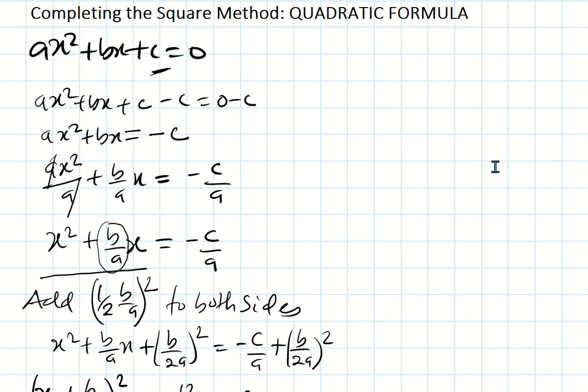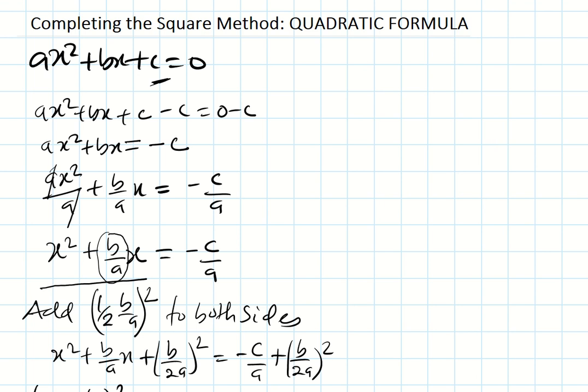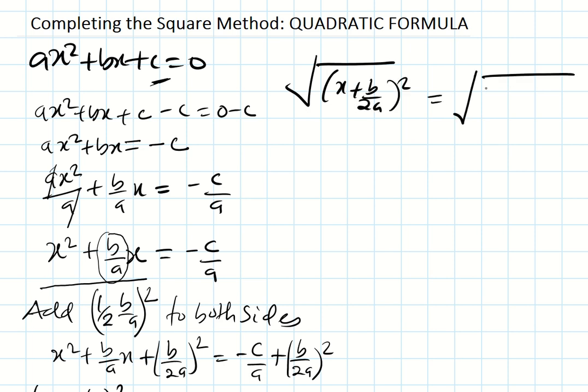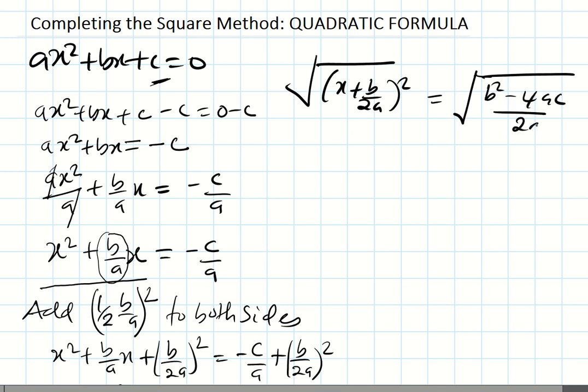Now, the next thing to do is to take the square root of both sides. And when we do that, we have that it is square root of x plus b over 2a squared is equal to the square root of b square minus 4ac over 2a.